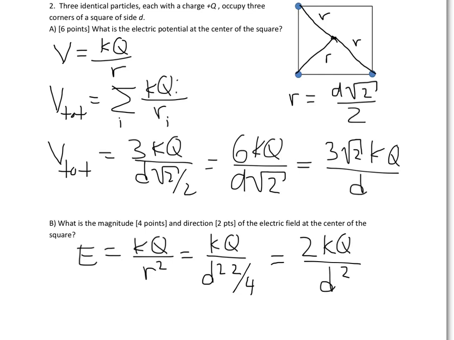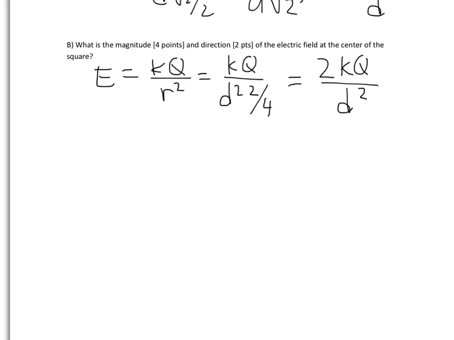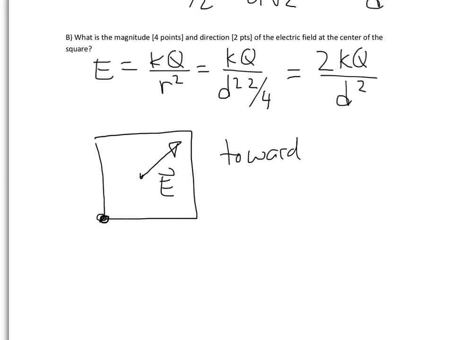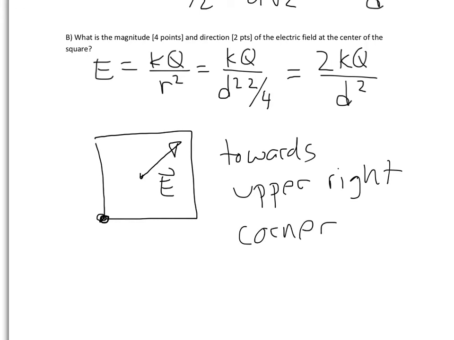For the direction, that's easy because we have a square, and the particle that's contributing this electric field is in the lower left corner. The electric field will point towards the upper right corner, 45 degrees to the horizontal.